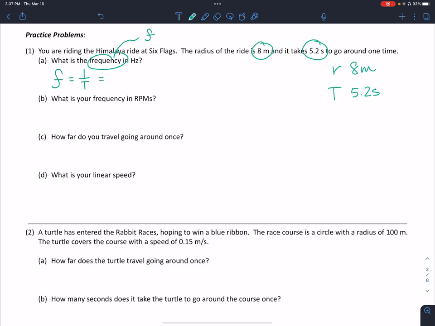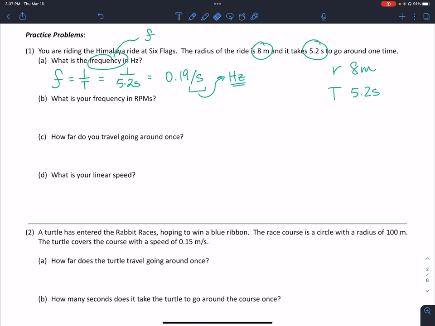So we're going to put 1 over our 5.2 seconds, and we're going to get 0.19 per second. And this per second is also known as a hertz, Hz. So for this particular ride, it covers 0.19 of the circular path every second.